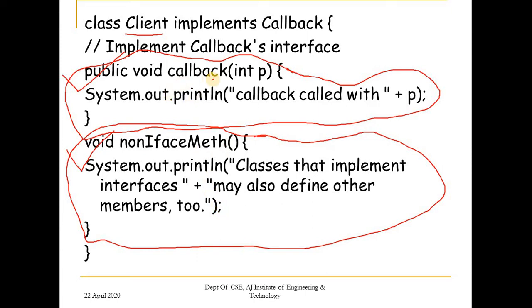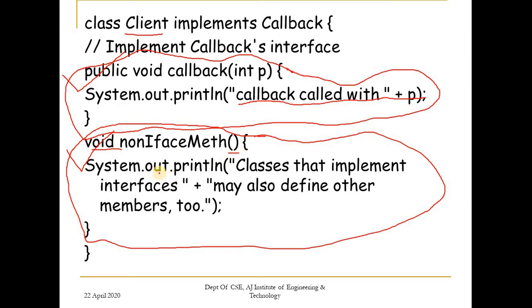Inside the callback method, we will be displaying "callback called with", appending the parameter that is passed. The nonIfaceMeth method here does not have any return type, nor does it take any parameter.